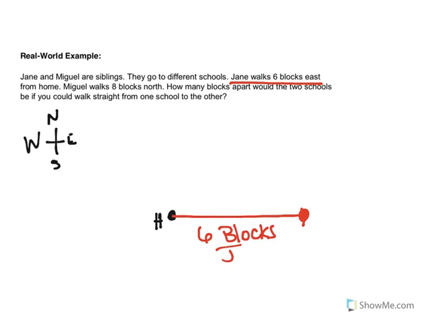Then I have McGill, who from home walks 8 blocks north. So I'm going to start from home and draw a line going up to represent north. And this is McGill, and it's 8 blocks.